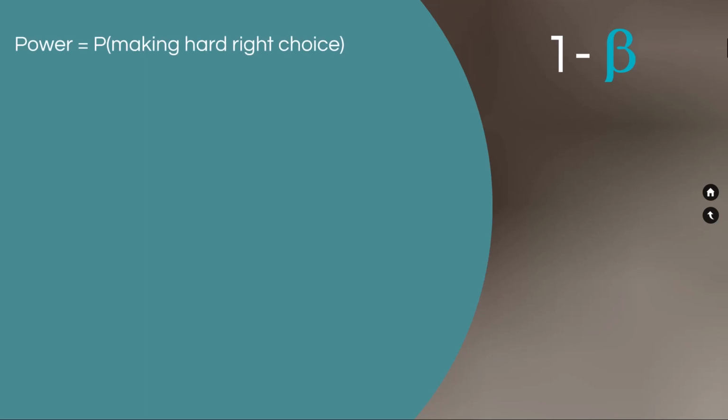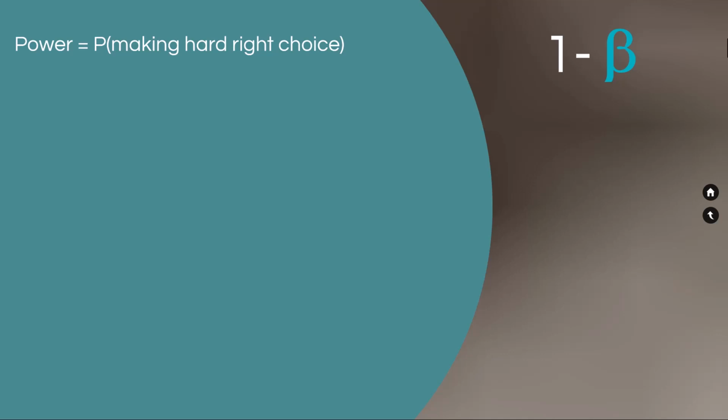So power is computed to be 1 minus beta. So it's 1 minus the probability of type 2 error. More precisely, power is the probability of being able to make the hard right choice.